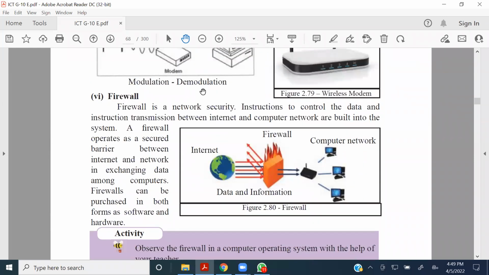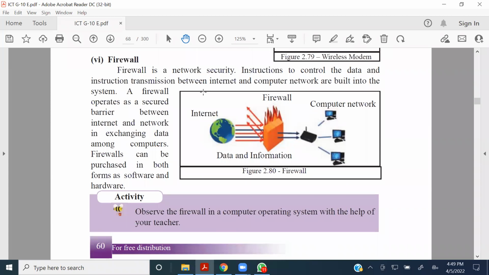And firewall, as I told you, will guard the network, and a firewall can be configured by saying who is permitted to be inside and who is not. All right, so that is the purpose of the firewall.